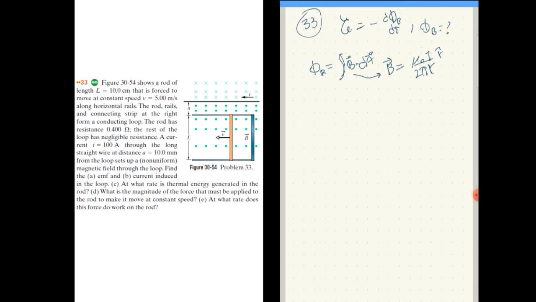So I will draw two axes here, at least in two dimensions. This is y, this is x, and at the position x equals 0, which is the position of the plane of the spire, we have a B field in the direction of x getting out of the paper or your screen.